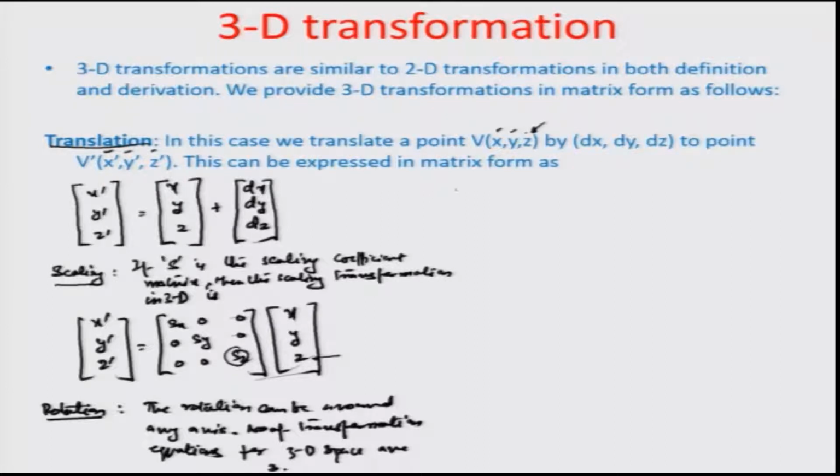So, let us look at those equations. I already talked about one along the z axis.